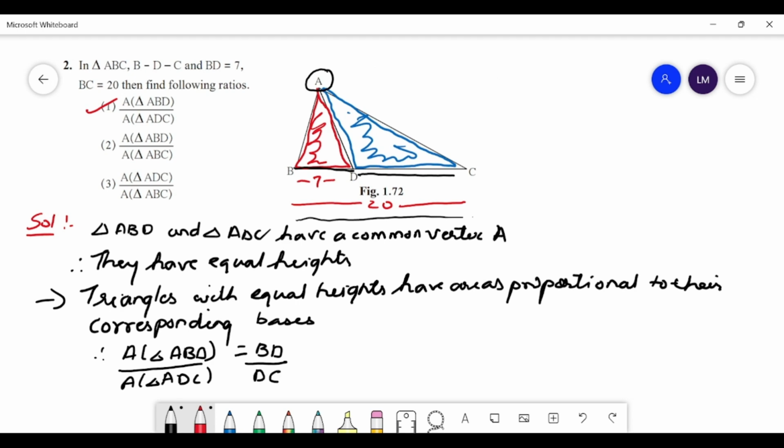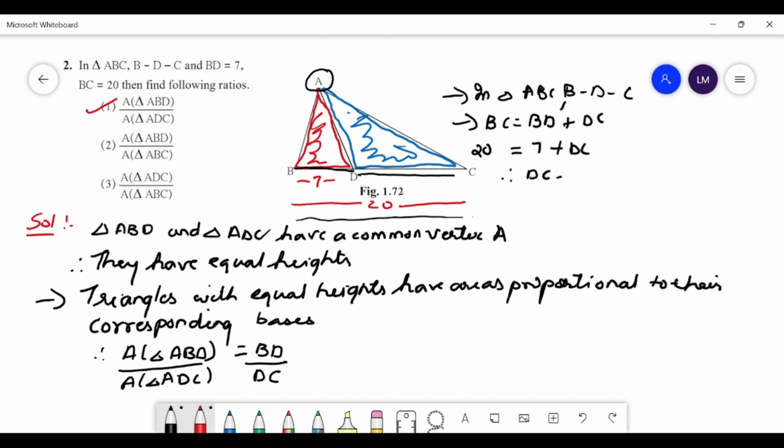So the value of BD we know is 7, but the value of DC we do not know, right? So before starting this sum, we have to write that in triangle ABC, B dash D dash C, right? Therefore, BC will be equal to BD plus DC. So the value for BD is 7, the value for BC is 20, plus DC.